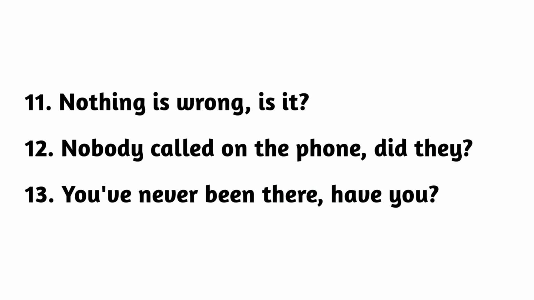Nothing is wrong, is it? Number 12. Nobody called on the phone, did they? Number 13. You have never been there, have you? You can see three sentences, 11, 12, 13, with negative words, which take positive tags.